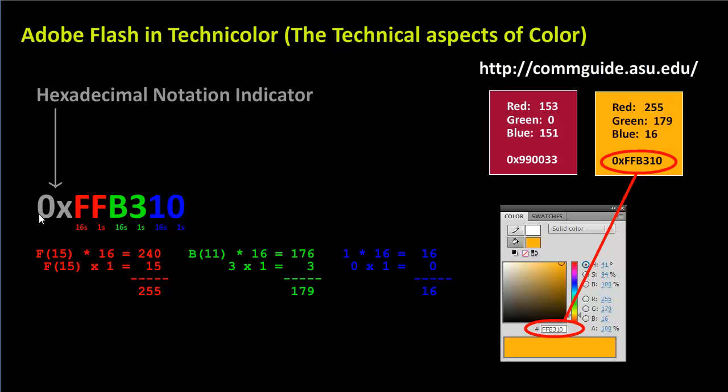The 0x in front of this number simply tells us this is a hexadecimal value. Sometimes you also just see a pound sign or a hashtag in front of this number. The reason we do that is if I gave you the number 101010, that might look like a decimal number. Even though we can tell with the FF and the B here this is a hexadecimal, that's not always the case. So for hexadecimal, we tend to put this 0x as a notification indicator.